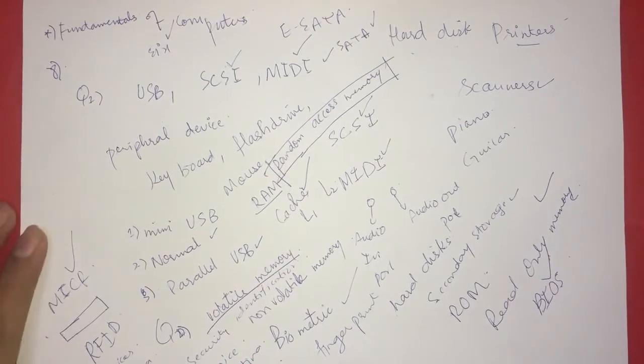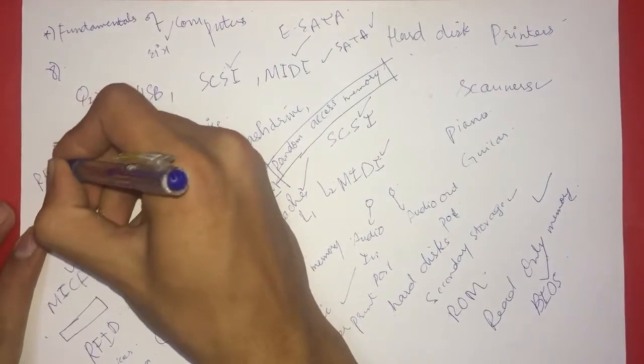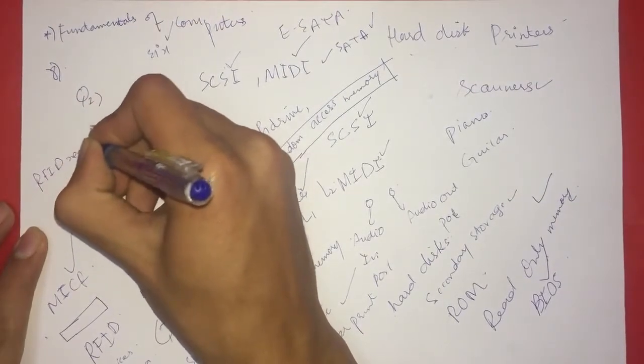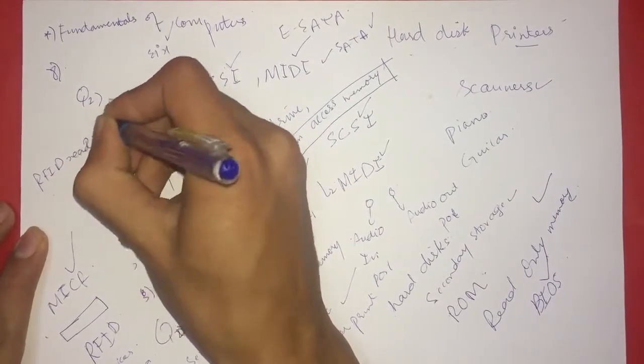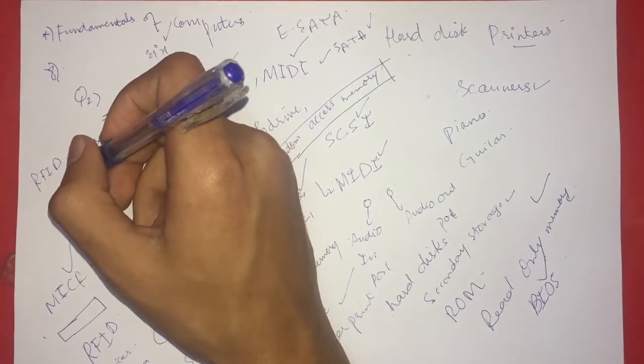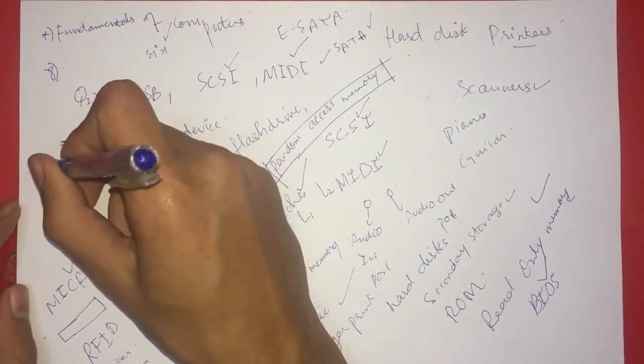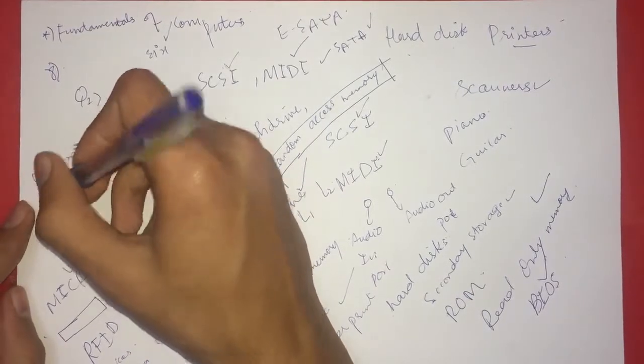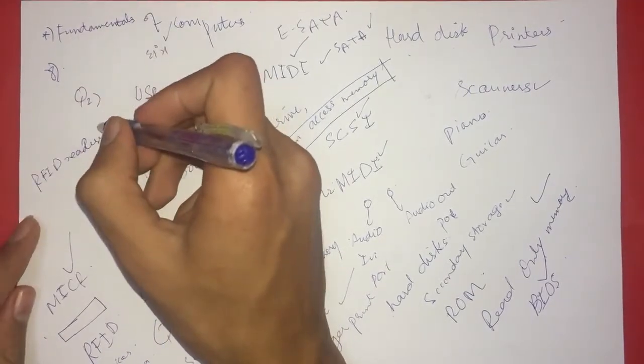And you have RFID readers, which read the device: whenever the device passes by, it catches the frequency of that device, and it displays every bit of information stored in that device.